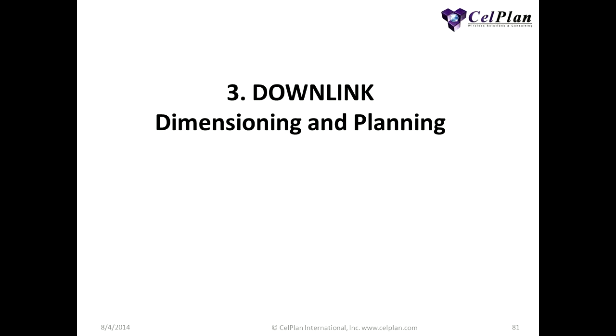Okay, everything that I'm talking about here today basically applies to both FDD and TDD. There are small twists, probably in the random access channel. I will be focusing more on the FDD layout, but the parameters are the same.